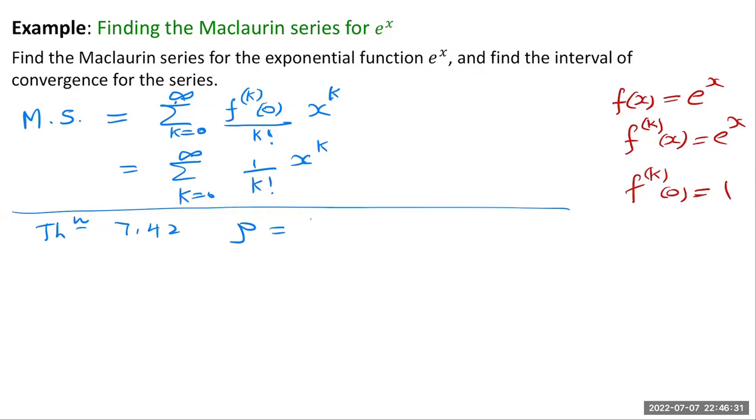Remember, rho is defined to be the limit as k approaches infinity of b_(k+1) over b_k. Don't forget the absolute value around that expression.